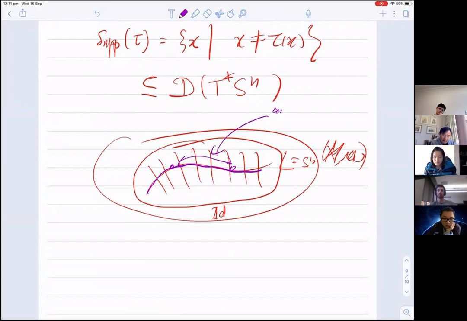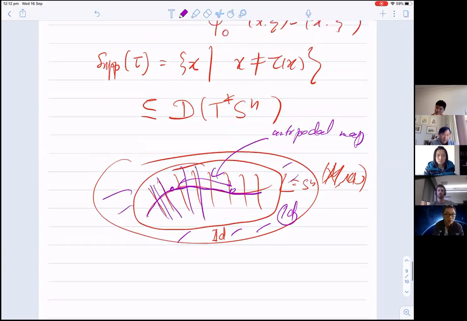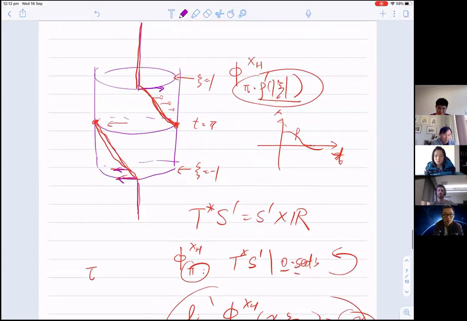So this is the antipodal map. Outside, this is identity. And along the fiber, by this example, we apply the twist.